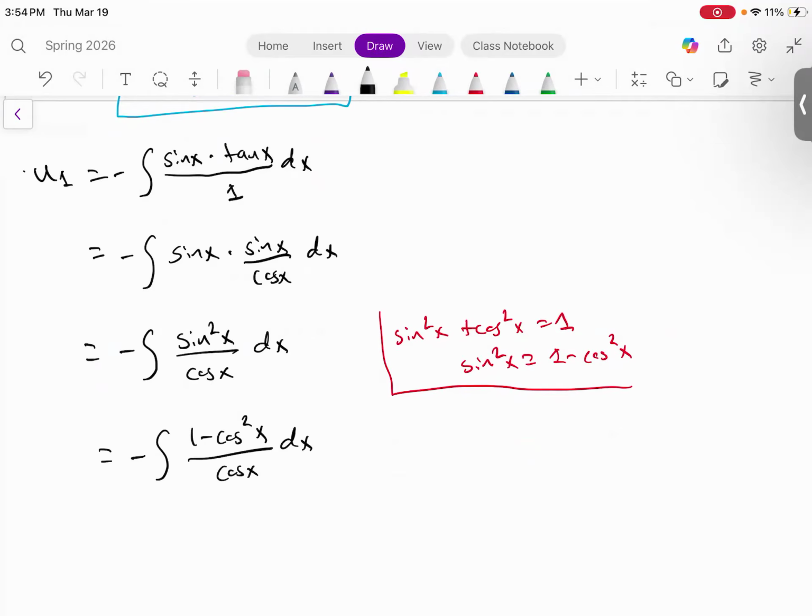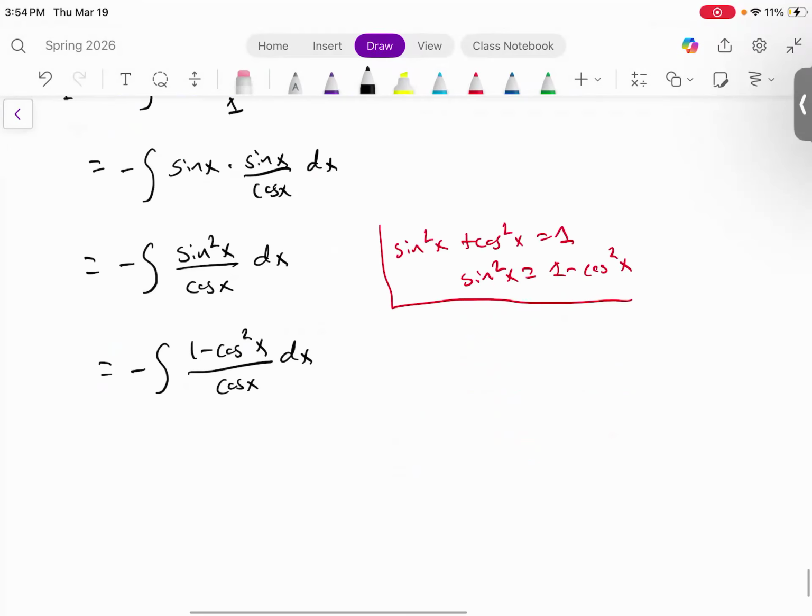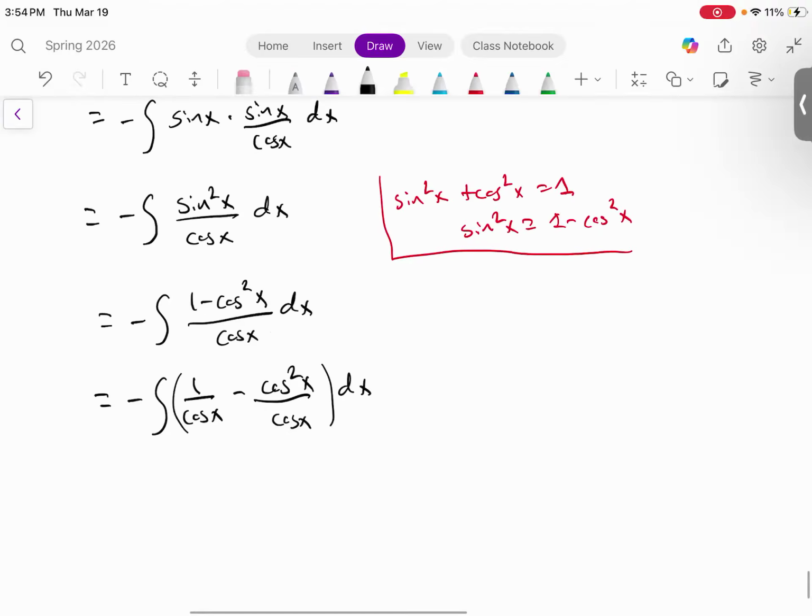And how would I solve this integral? So one thing we can utilize here is separating out the numerator. So what that would look like is negative integral 1 over cosine x minus cosine squared x over cosine x. And so the cosine squared and the cosine could cancel out.